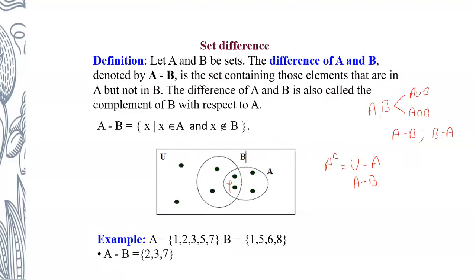I want the elements belonging to A but not in B, so I will take these two. This is the part which is A minus B.